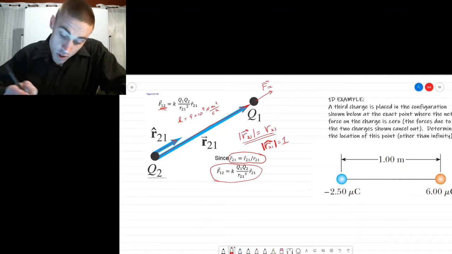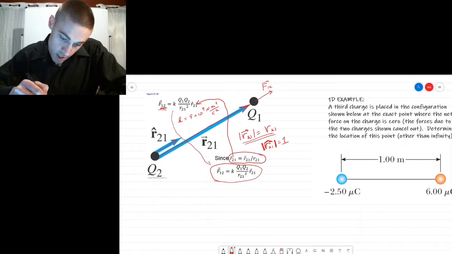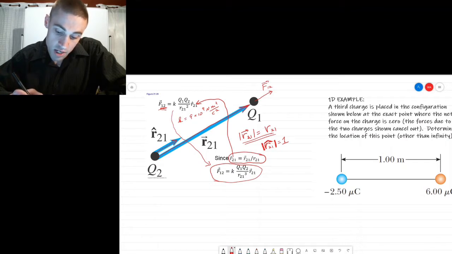Since r21 hat is the displacement vector divided by the magnitude of the separation, you could put that in for r21 hat. And then this equation would look like this, where the force on body 1 by body 2 is k q1 q2 divided by, now the distance cubed in the denominator, and that's just because in the numerator we have the displacement vector itself.